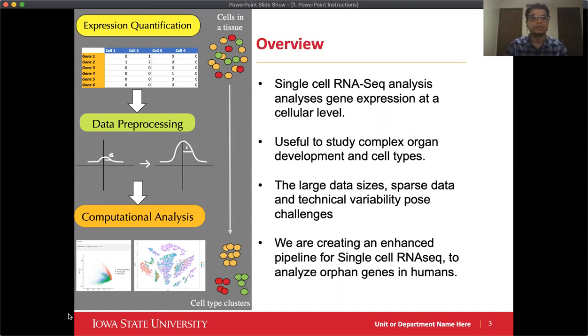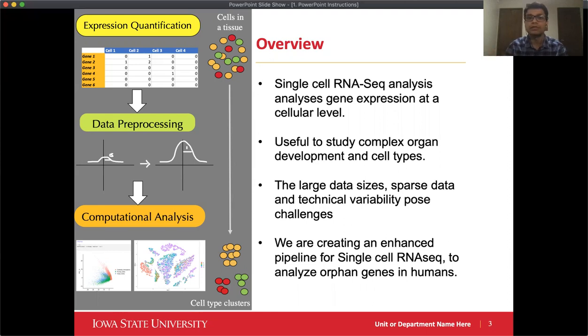So this is a typical workflow of single cell RNA sequencing. The first one is expression quantification. This is the first step, and this involves alignment of the reads of the expression to a reference genome.